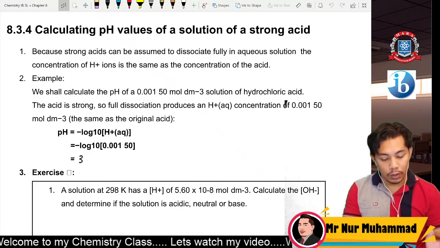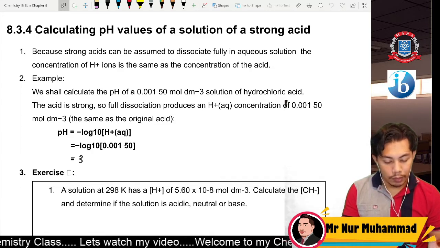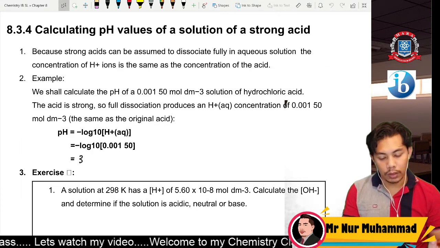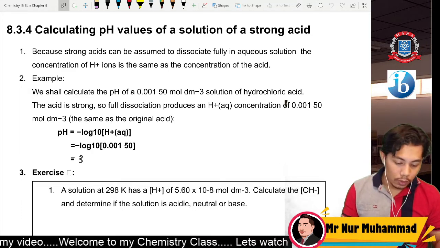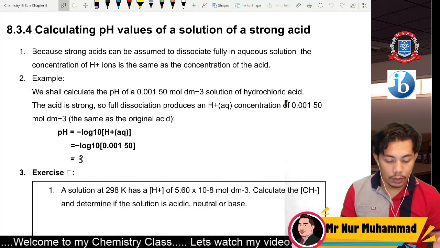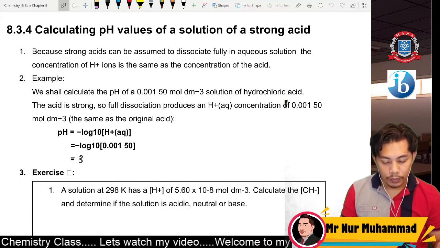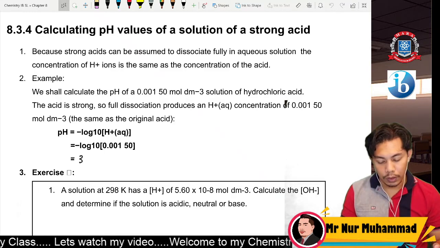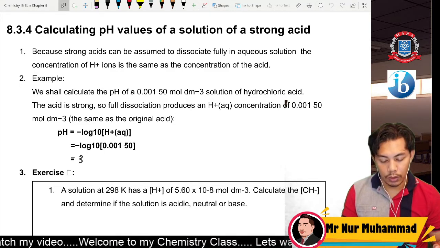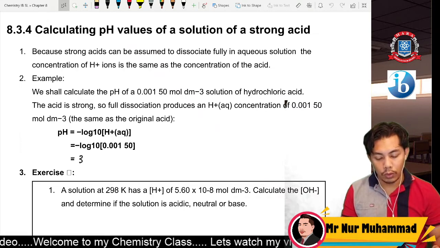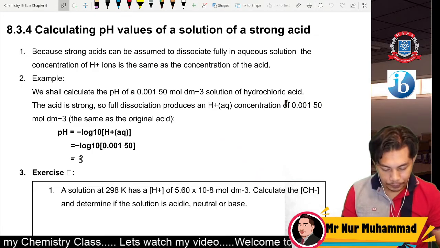If diprotic, the concentration of hydrogen ion is times 2 the concentration of acid. If triprotic, times 3. So the pH value is equal to the negative log concentration of hydrogen ion, which is negative log 0.00150, and the answer is 3.